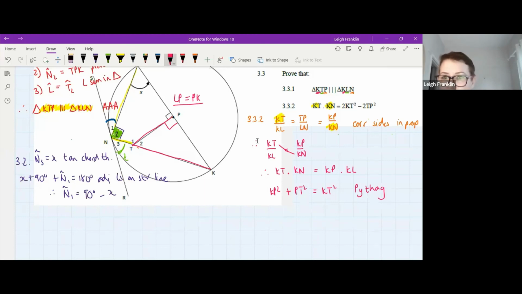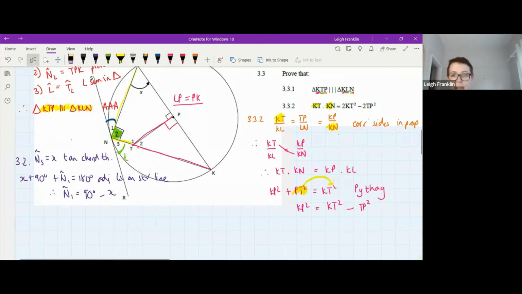Here they've got KT and they've got TP on the same side, so let's take PT over to the other side so that it can be with KT. That means we've got KP squared on its own, and it's equal to KT squared minus PT squared. So we're getting ever closer.